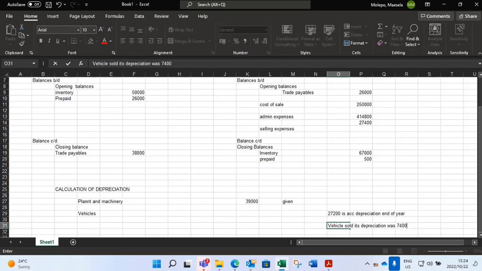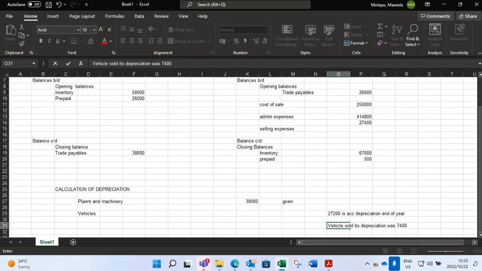And we need another, the 10,000, which they less the 7,400. Minus the depreciation sold. I'm going to this opening depreciation, because I see there's 10,000 on the pre-adjustment plus the 27. Okay, I can see it.